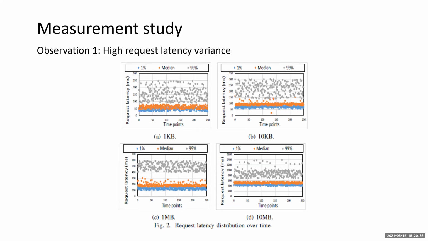So let's first talk about the measurement study. We first measure different data objects from the client to the data center. The client is located in Genie and the data center is an AWS S3 server. We have the following observations. One is that there is high request latency variance even for the same size of data objects.